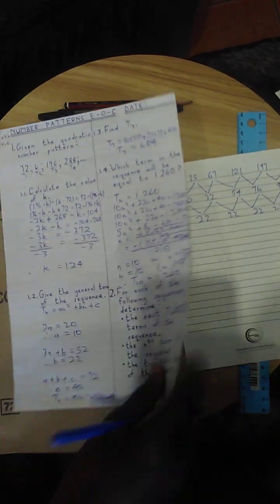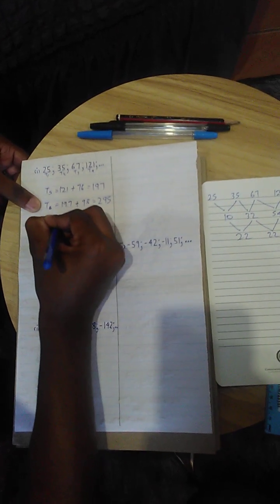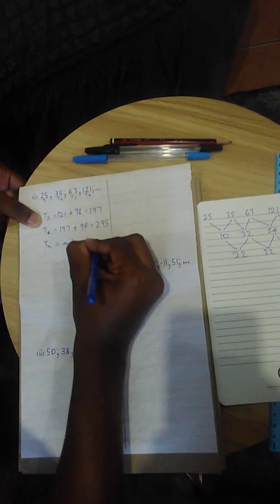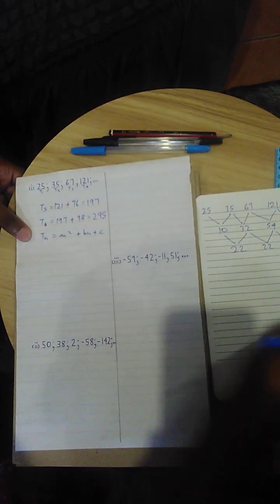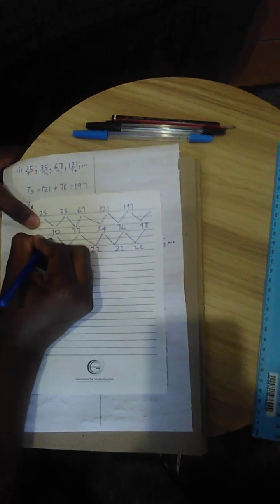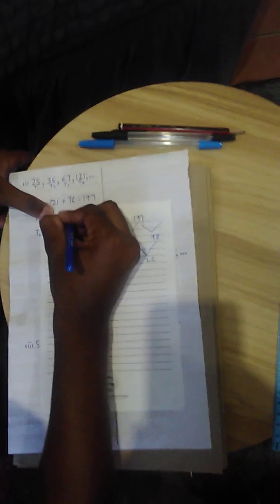Now we need to find the nth term of the sequence. So as usual, we're going to write it down. Tn is equal to an squared plus bn plus c. So let's not forget, this is 2a, this is 3a plus b, and this is a plus b plus c.